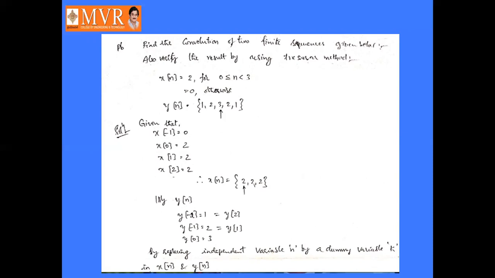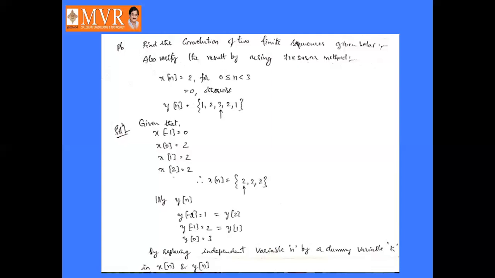Given x of n, what is x of n? x of n is given as 2 for 0 is less than or equal to n is less than 3. From 0 to 3, its value is 2, or it is 0 otherwise.